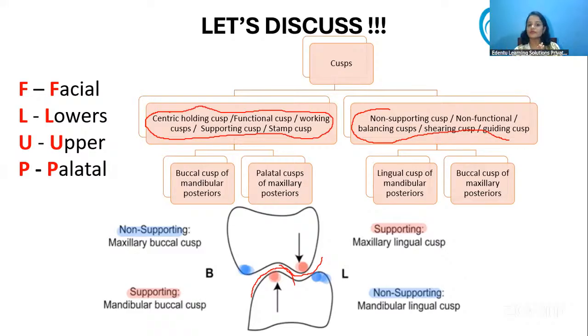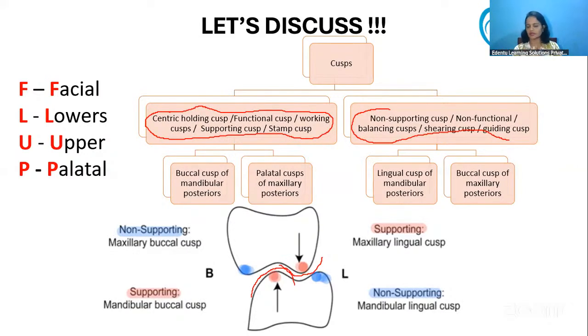Then we have the non-supporting cusp. Their main function is just to guide the mandibular movement. It protects the soft tissues, but it does not bear the vertical load. It's just for guidance of the movement of the mandible.